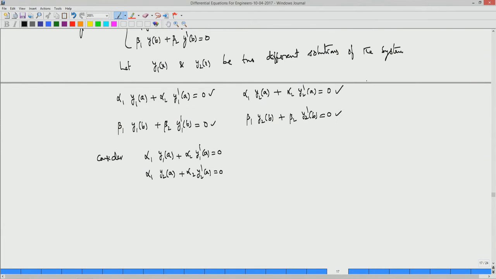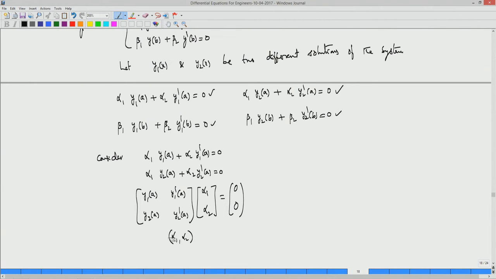So this is like a system with the matrix y1 at A, y1 dash at A, y2 at A, y2 dash at A, and the unknowns alpha 1, alpha 2 equal to 0, 0. This is like the system Ax equal to 0, and I know that alpha 1, alpha 2 as a vector is non-zero. This is the assumption we made: not both alpha 1 and alpha 2 are 0.